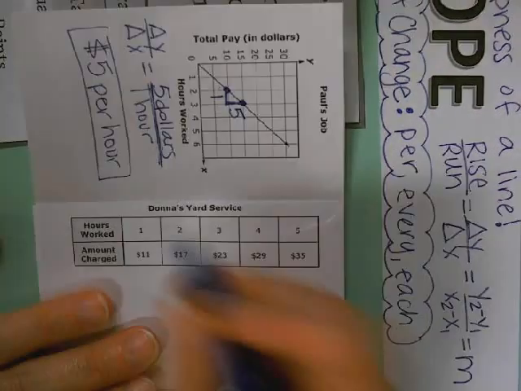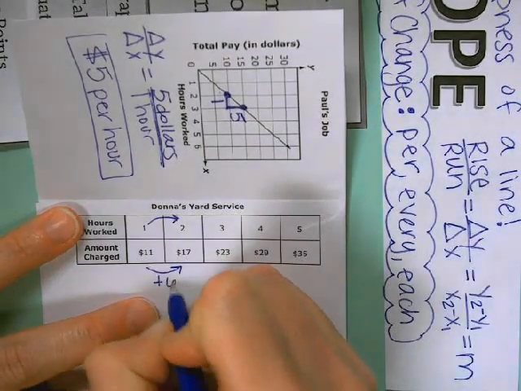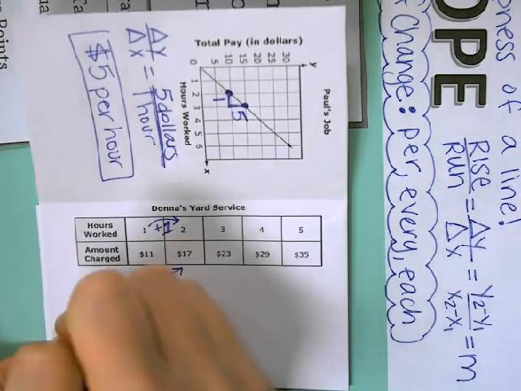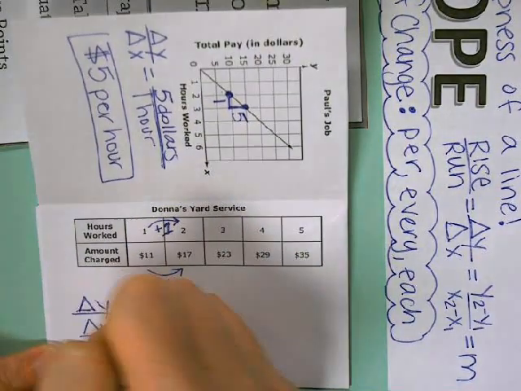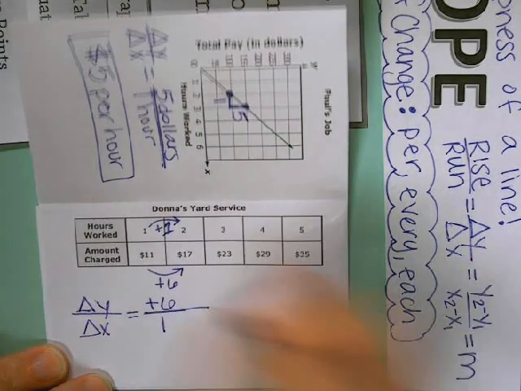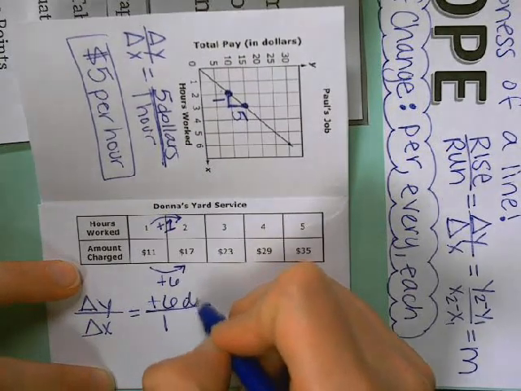Alright, the next one is a table. So we're finding slope from a table. So we're going to go ahead and draw our arrows. This one is plus 6. This one is plus 1. So change in y over change in x is positive 6 over 1. Next to the 6, let's put what it goes with. It's money, so dollars.